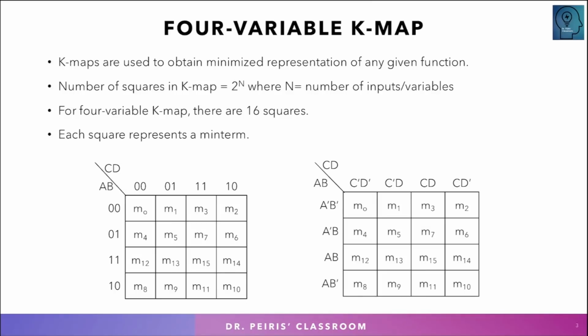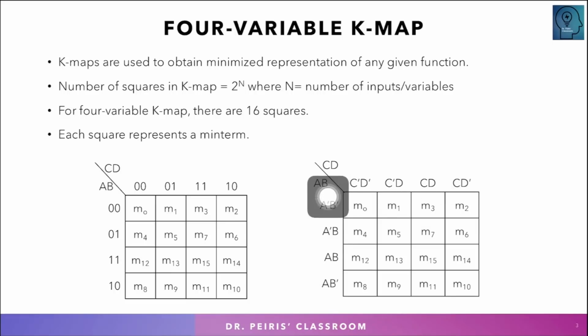This is the order that you need to maintain when we do the grouping and when we do the K-maps. These binary values are written in terms of the variables a, b, and c, d in this diagram. This is what I will be using when I show you the examples in this lecture. 00 means we need to prime both variables, so it becomes a prime b prime. 01 means a prime b.